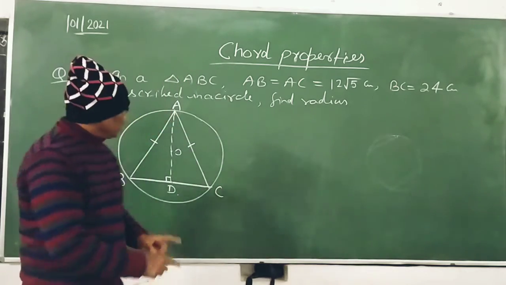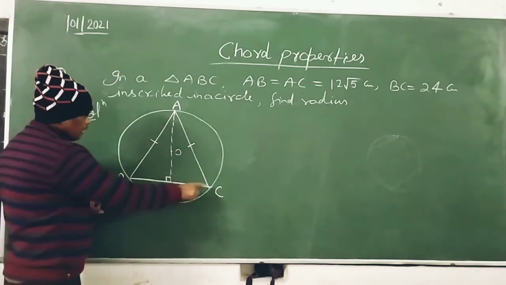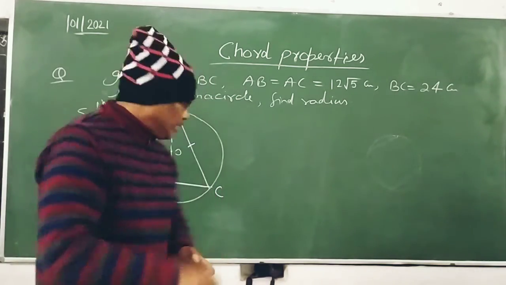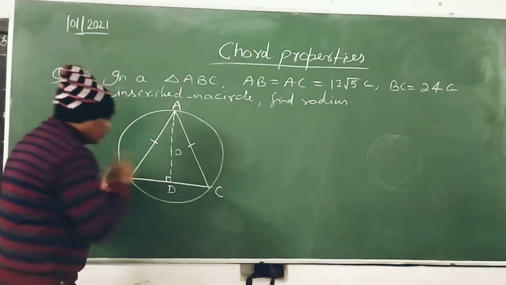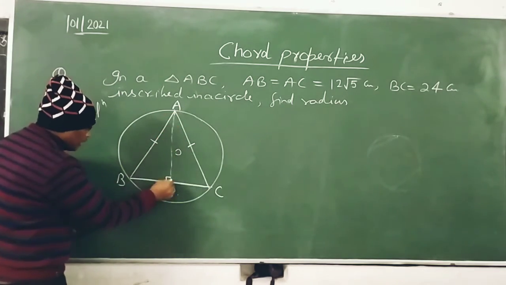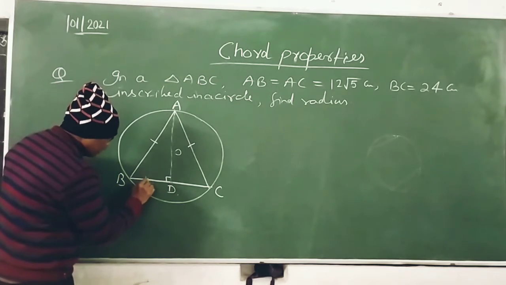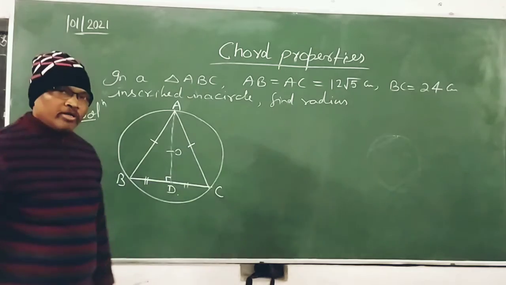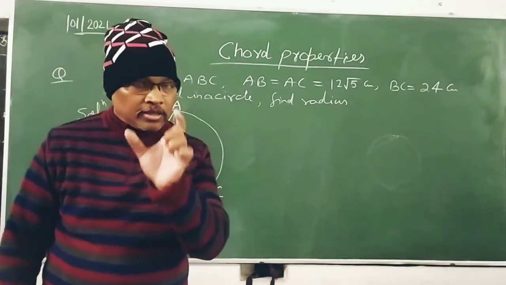But because the triangle is inscribed in the circle, BC is also a chord. It means the perpendicular line divides the chord BC into two equal parts. This perpendicular line always passes through the center. This is the chord property.